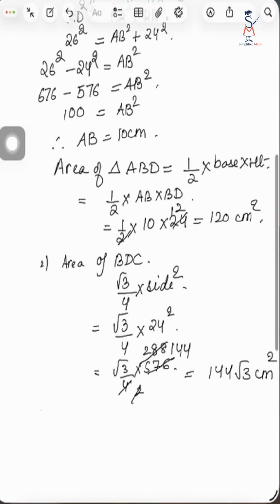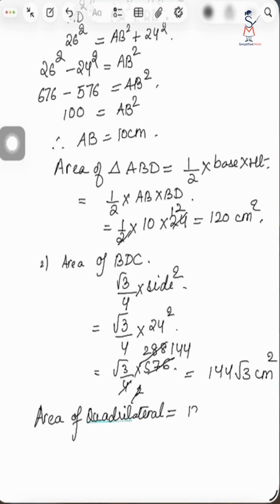So the total area of the quadrilateral will become 120 plus 144 root 3 centimeter square. You can take common over here, 120 and 144. 12 will be common, so you can take 12 common.